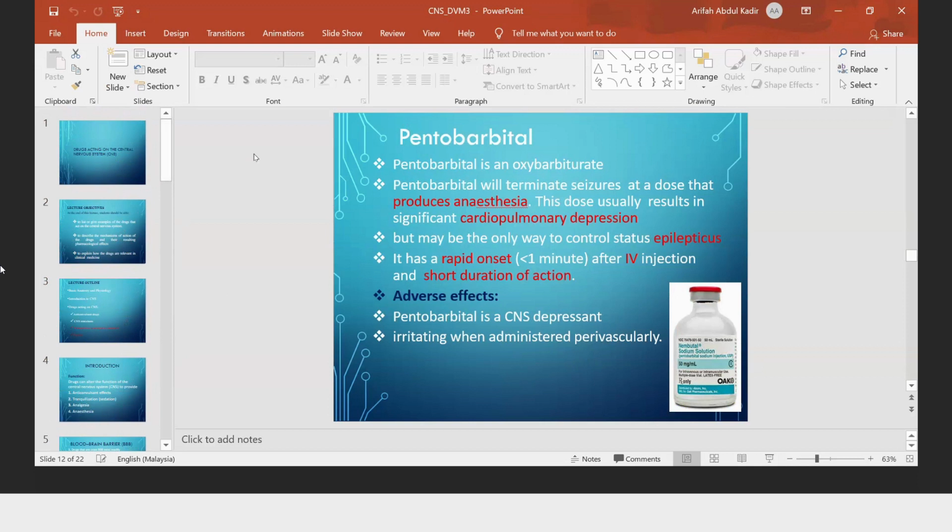When Dr. Ube teaches you on general anesthetic drugs, these same drugs will be repeated, but in a different context, as a GA. So it won't be very difficult to memorize, but you need to know the pharmacological effects. Besides anticonvulsant, it can also be used as a muscle relaxant, and produces an anesthetic effect and so on.